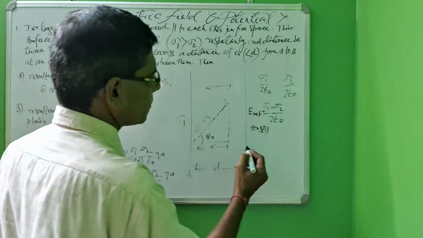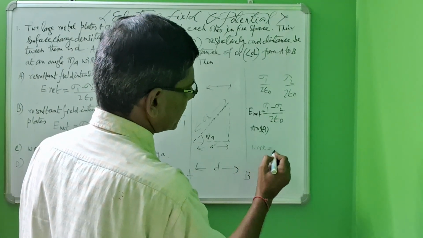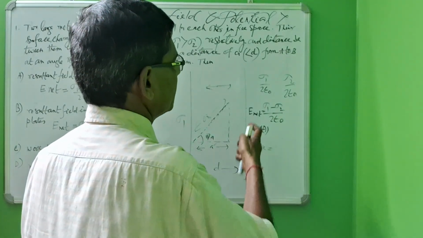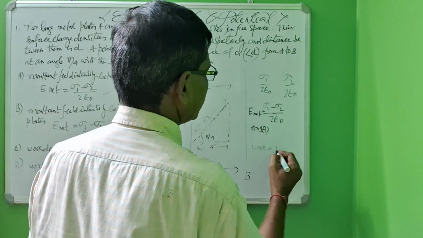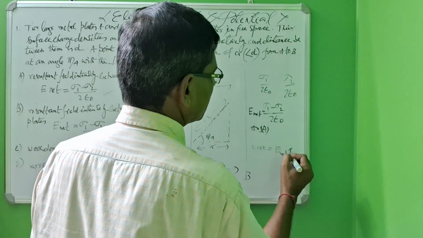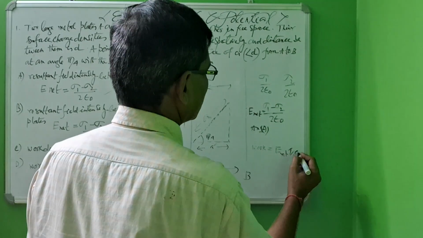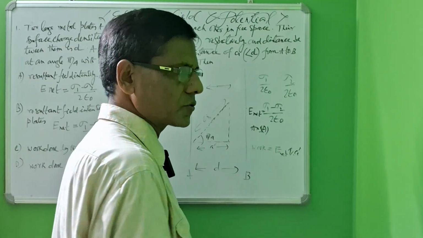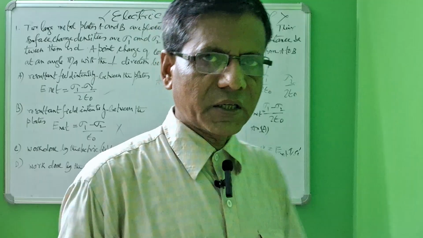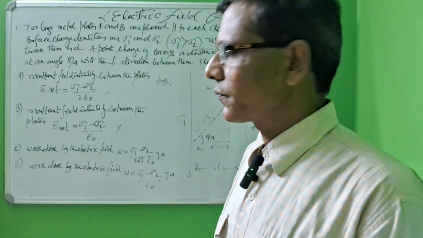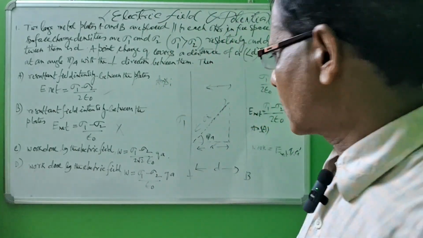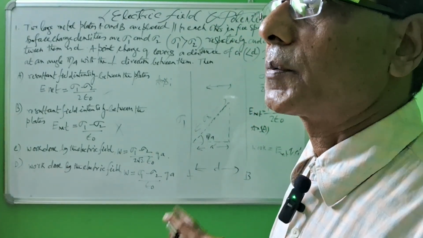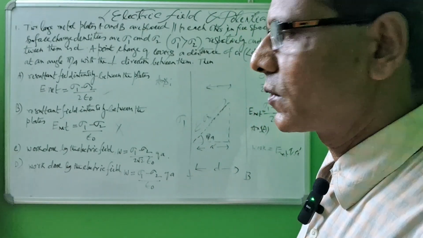Now work done. What is the work done? Work done equals effective E into Q into A dash. Effective E into Q is force, because you know electric field into the charge carried equals force, and this force is applied for A dash distance.